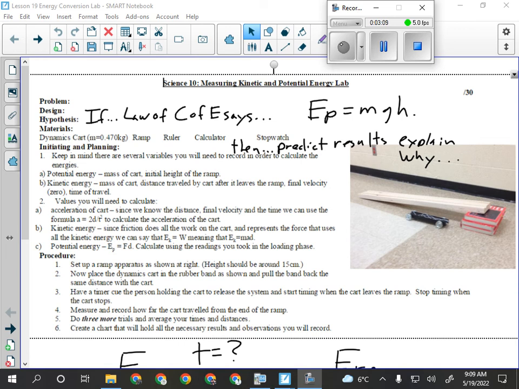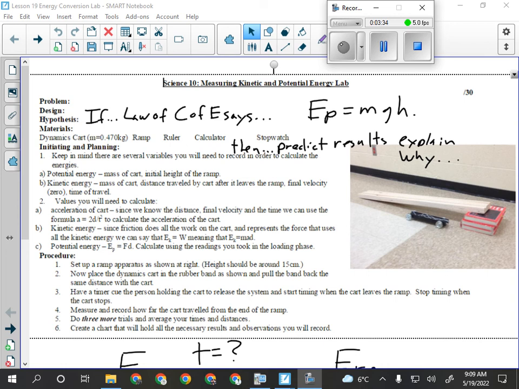Once the cart leaves the ramp and is now traveling on the floor, what brings it to a stop? Friction. Friction is going to bring it to a stop. Since we're going to run this experiment with the same ramp, same piece of floor, same cart every time, all that kind of stuff needs to stay the same for a few reasons.